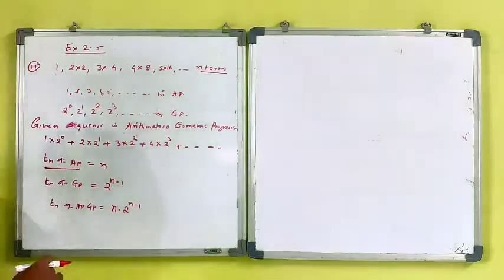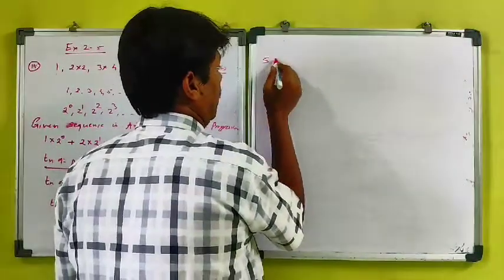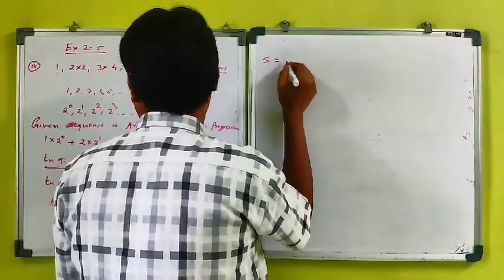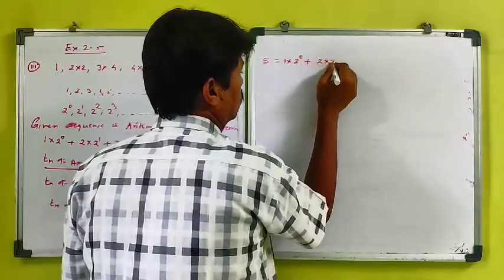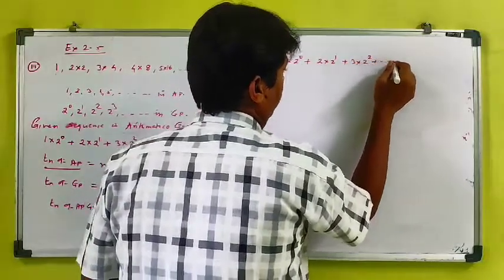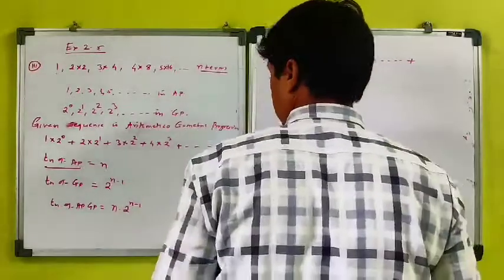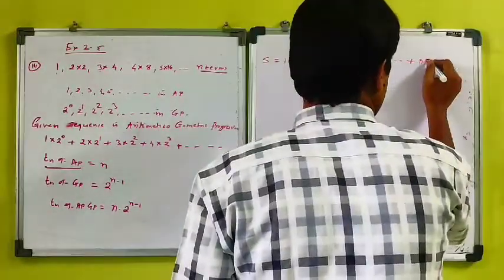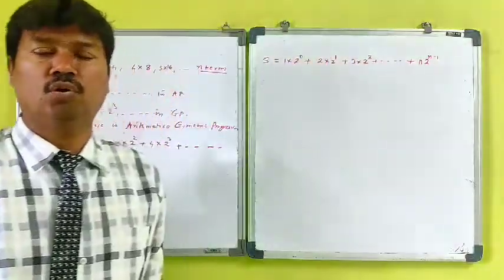Therefore, the sum of the required AGP will be S is equal to 1 into 2 raised to 0, plus 2 into 2 raised to 1, plus 3 into 2 square, plus up to the nth term, that is n into 2 raised to n minus 1.